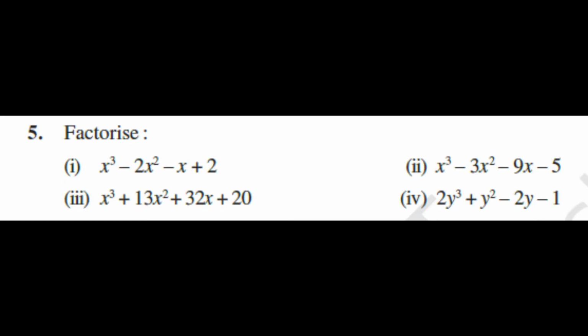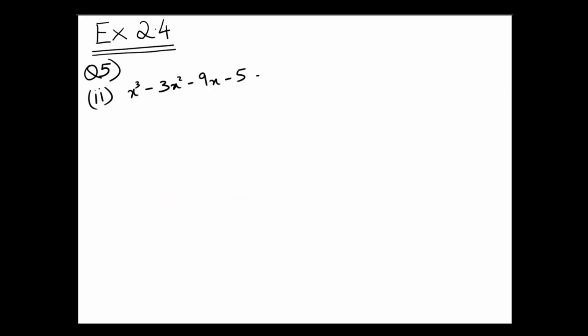Now, the second part of question 5 is x cube minus 3x square minus 9x minus 5. Let's call this polynomial p of x.